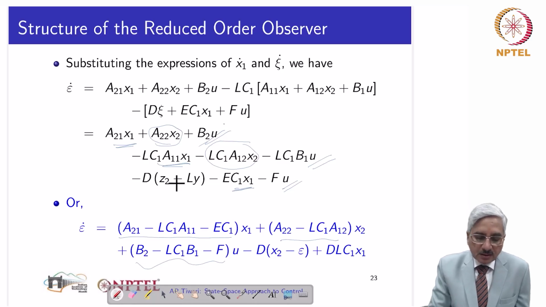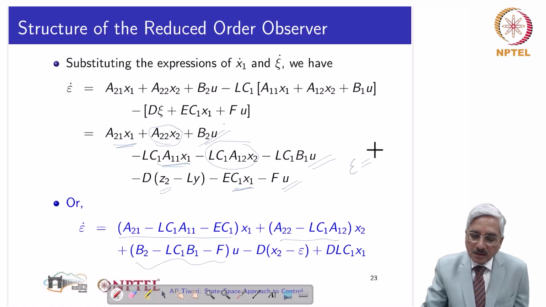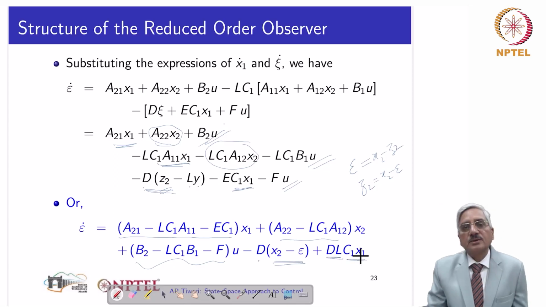And this z2 is because the error epsilon is x2 minus z2. So z2 will be x2 minus epsilon, that we substitute here. Dz2 is D into x2 minus epsilon, and DLy, y is C1 x1.